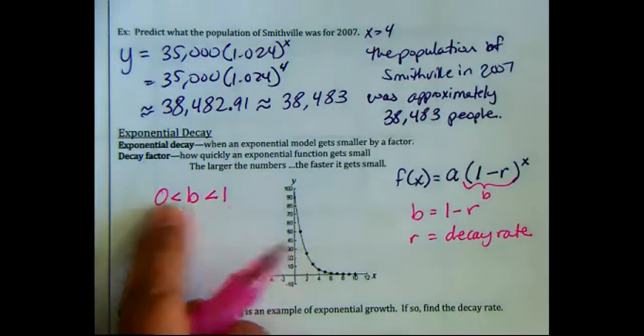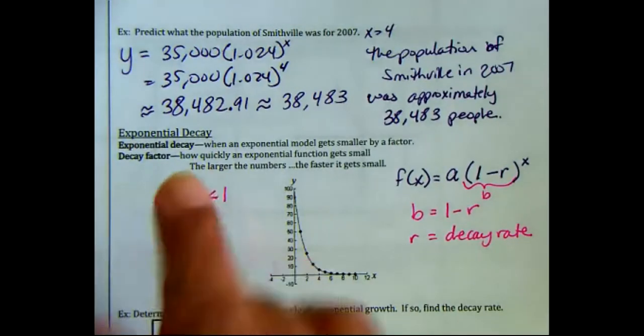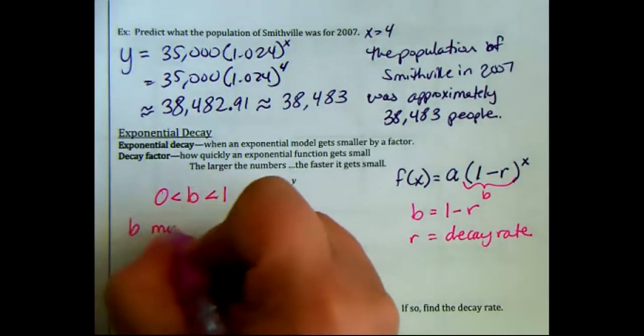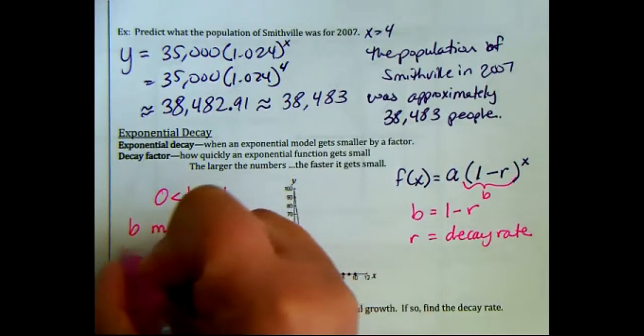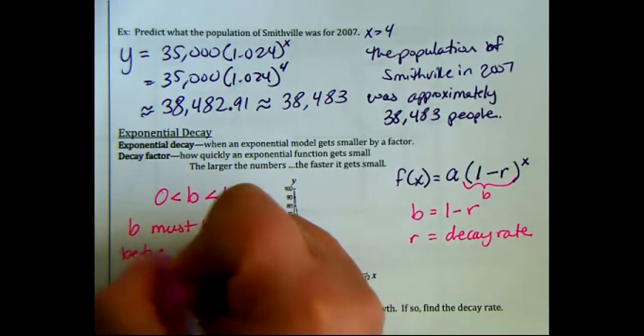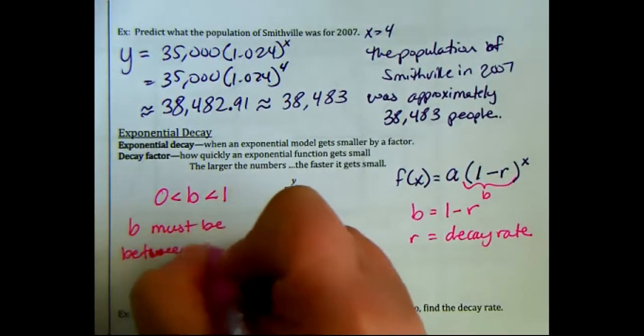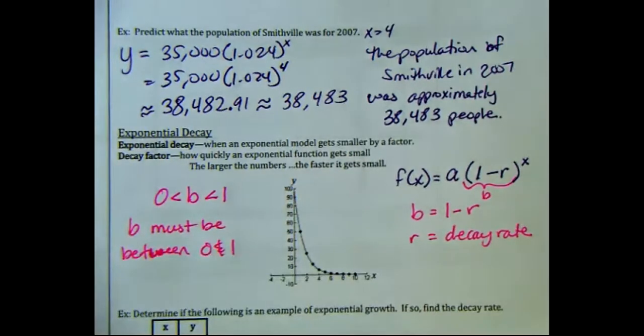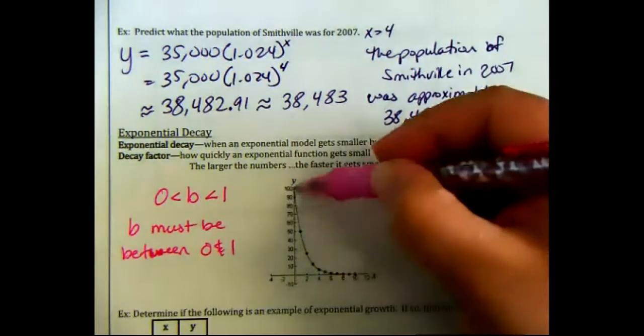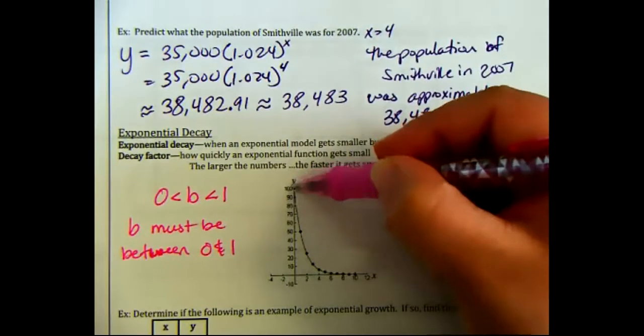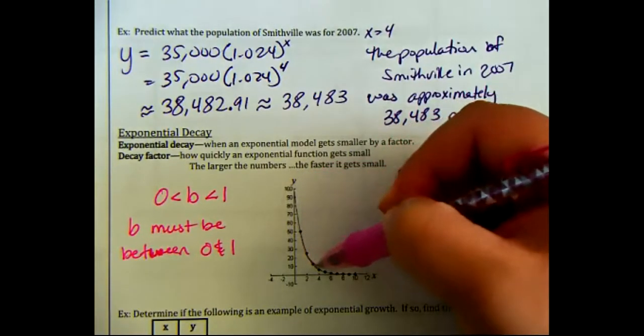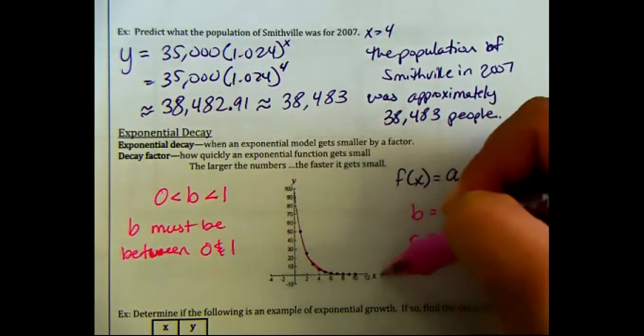So B must be between 0 and 1. And notice that we are starting high and rapidly getting smaller.